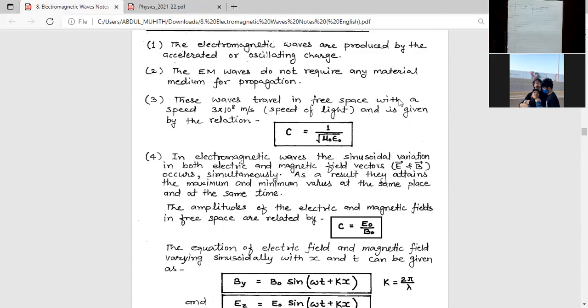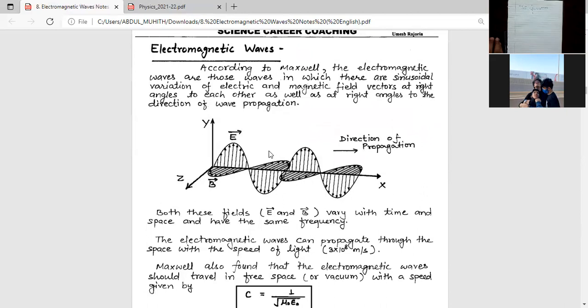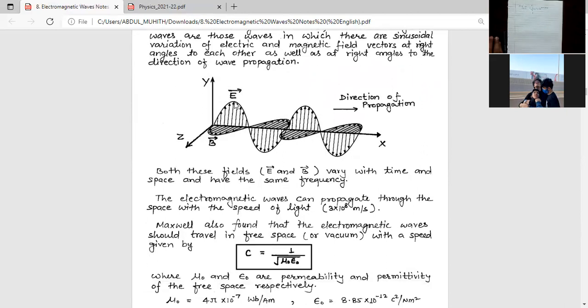In an electromagnetic wave, the sinusoidal variation in both electric and magnetic field vectors occurs simultaneously. As a result, they attain the maximum and minimum values at the same place and at the same time. What is the meaning of same time and same space? See here, the amplitude of the electric wave and the amplitude of the magnetic wave are both taking place at the same time and at the same place.